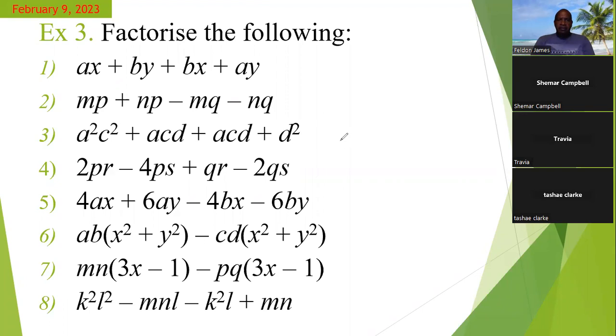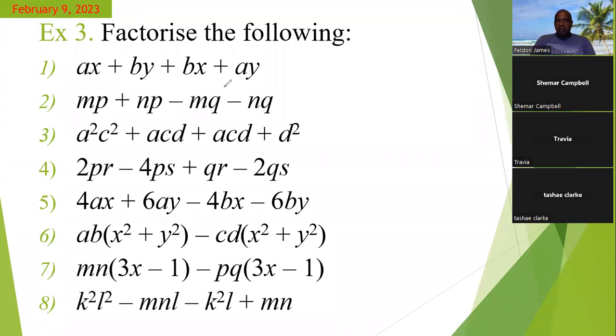Now, anybody remember what the procedure or the steps are in carrying out this kind of factorizing? What do we notice about these expressions?